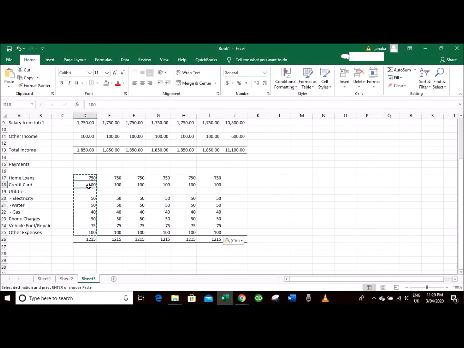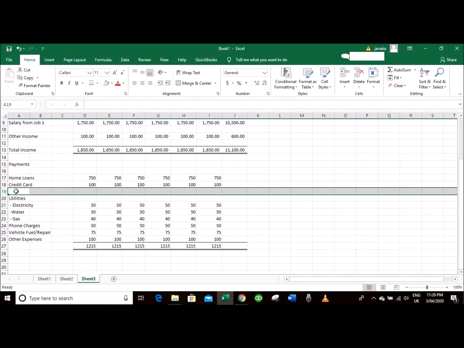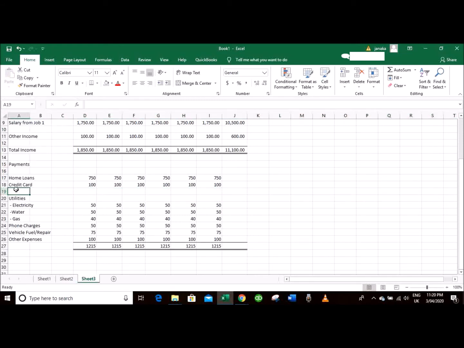If you are planning any other payments, let's say I'm going to include another column. Let's say I have a personal loan.